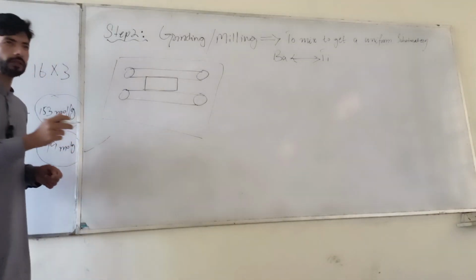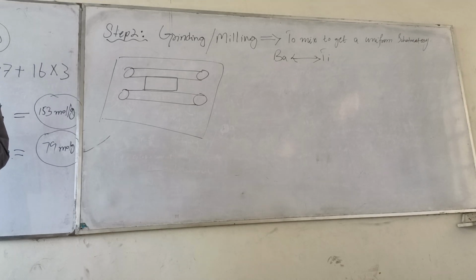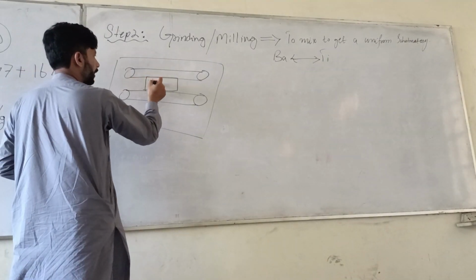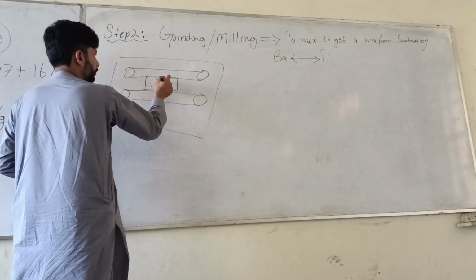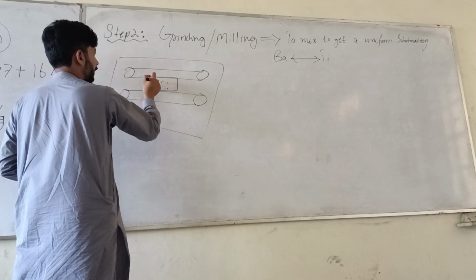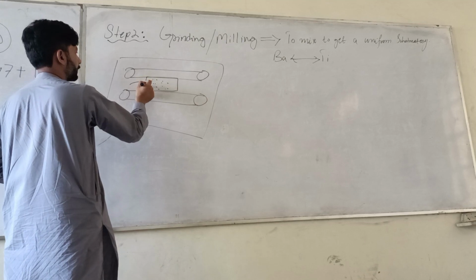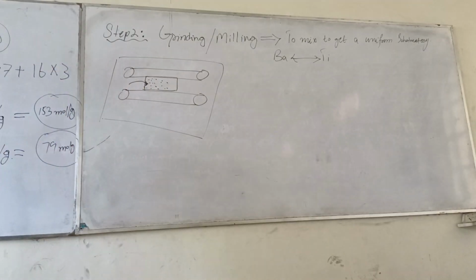This is the jar which is filled with grinding media, small balls. And those small balls are made up of zirconia, because zirconia is chemically stable and it is a very hard material.